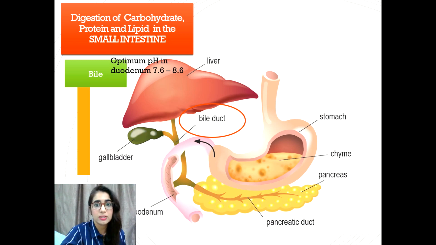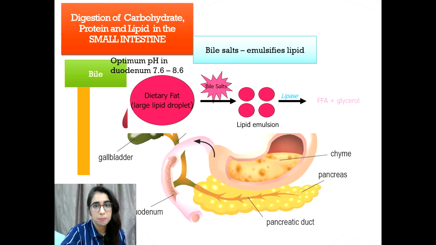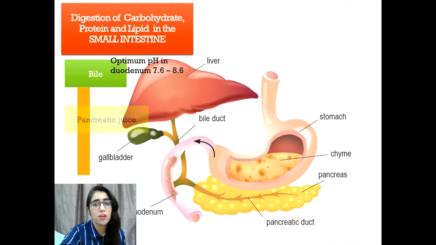What does bile do? Bile salt will emulsify lipid by reducing the surface tension of large lipid globules and breaking them into fine lipid droplets. Bile also neutralizes acidic chyme and provides an optimum pH for enzyme reaction.